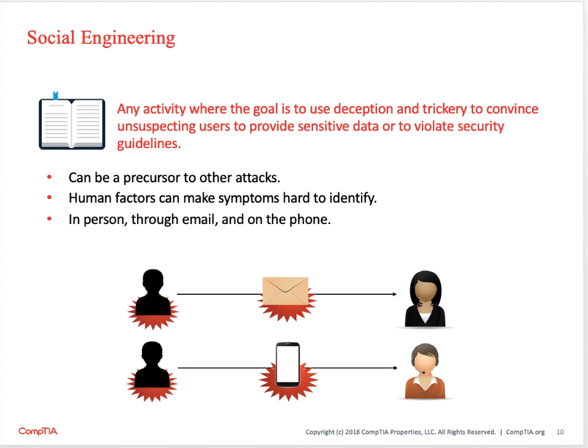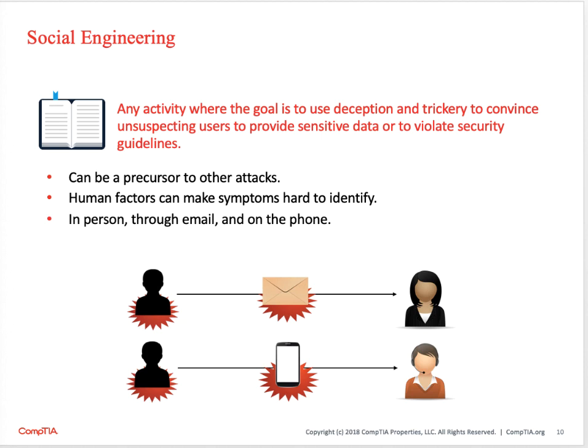Social engineering. So, social engineering is an activity where the goal is to use deception and trickery to convince unsuspecting users to provide sensitive data or violate security guidelines. So it's usually going to be a precursor to other types of attacks.